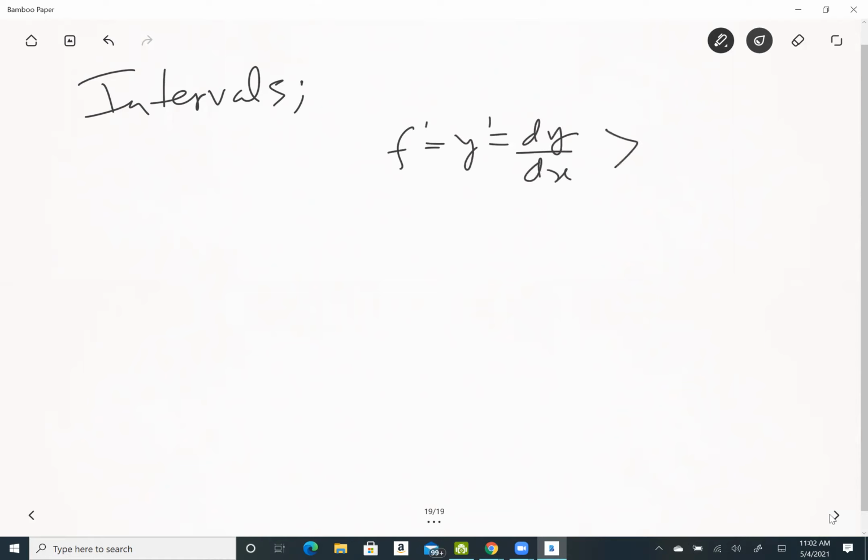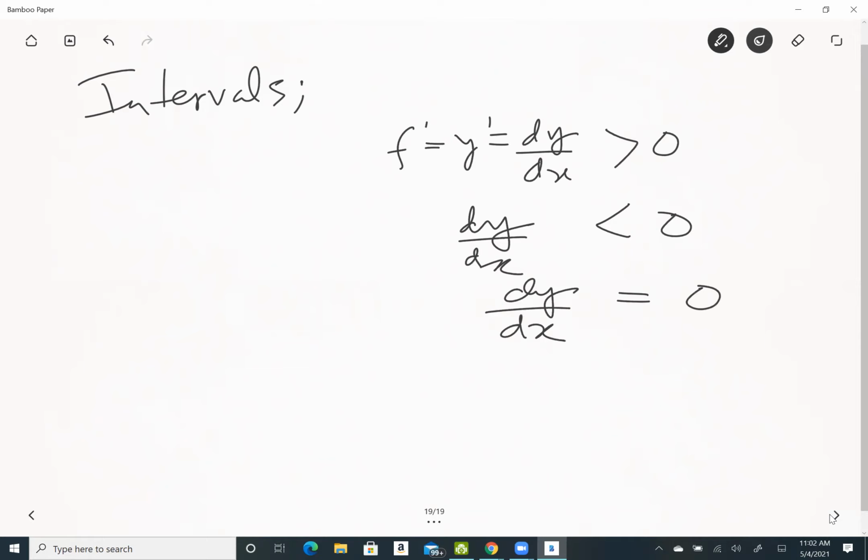All right, so you break into intervals based on the y prime, or f prime, equal to y prime, equal to dy/dx: positive, negative, and 0. Okay, so that would be the interval, and this would be the basis of the interval.